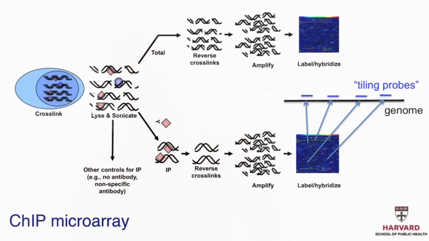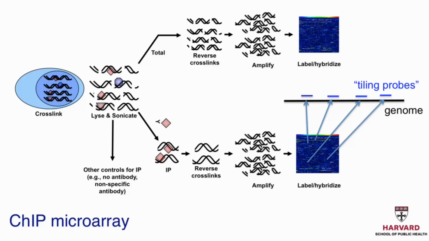And the third application we're covering today is the detection of transcription factor binding sites. During the first week, we talked about how the genome is more than just sequence. There's all these chemical events that occur around the genome. And we want to be able to measure this in some way. So one example of something we might want to do is know where on the genome a specific protein is bound.